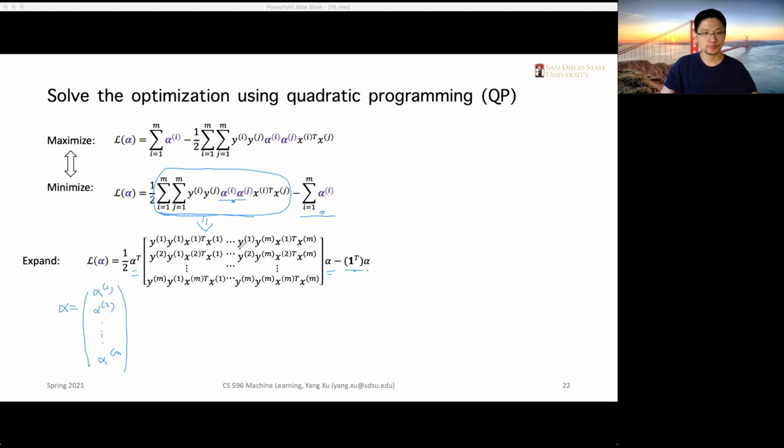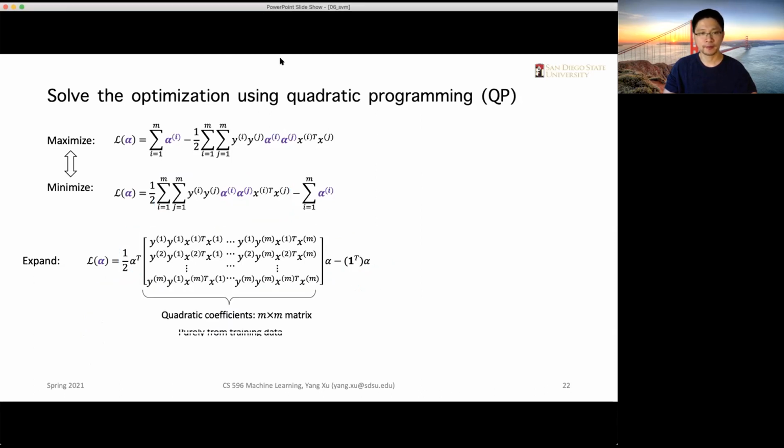Yeah, I write it into this form because this matrix now becomes a coefficient, something we can write as Q. This one is also a coefficient that we can provide to the quadratic programming software. The coefficient matrix is m by m, and it's purely from training data.